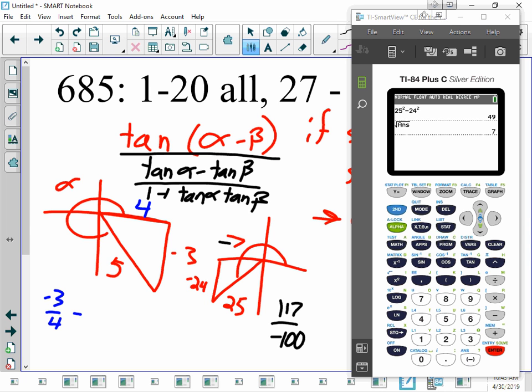Negative 24 over negative 7, which is just 24 over 7. Okay, we're going to divide that by 1 plus negative 3/4 times 24 over 7.